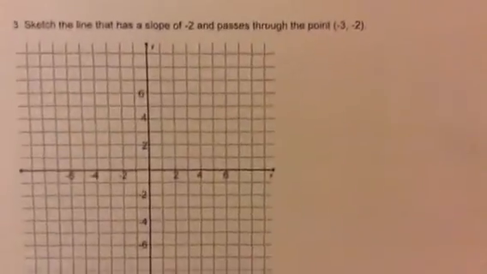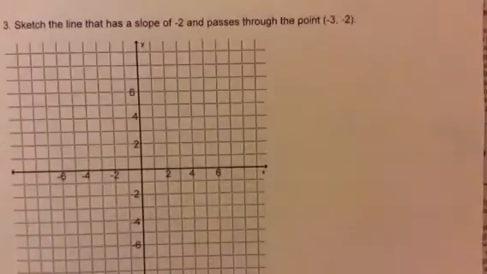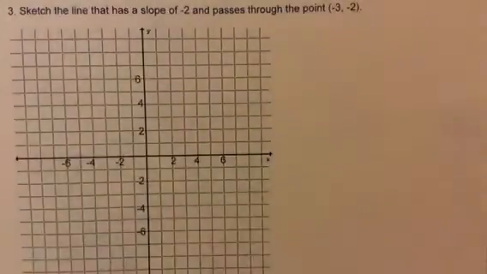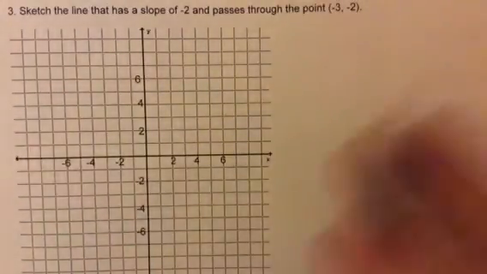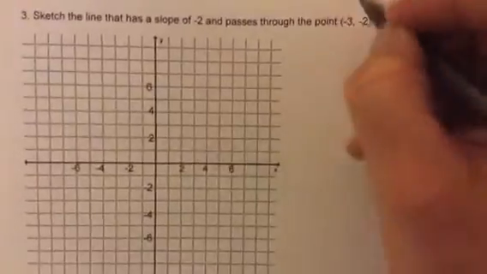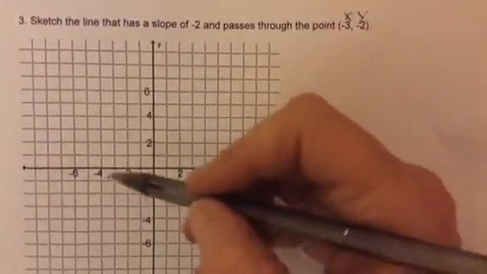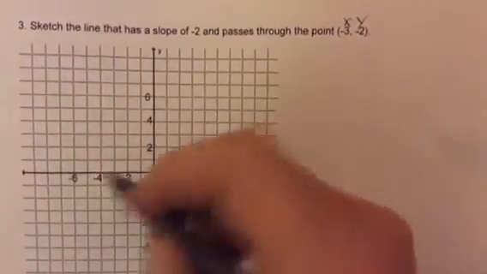This time we're going to sketch the line that has a slope of -2 and passes through (-3, -2). So we are going to go to (-3, -2) on the graph. Here's the x coordinate, y coordinate. So we're at -3 and then down at -2.